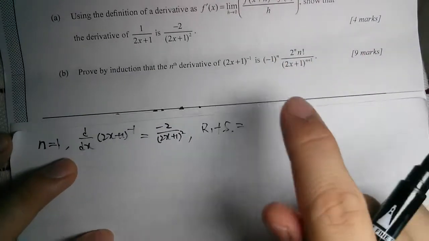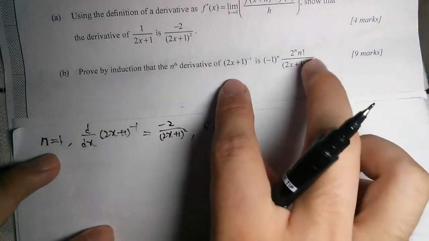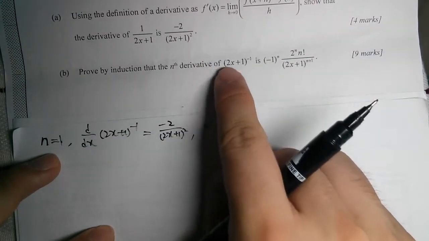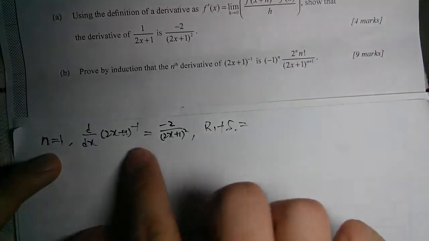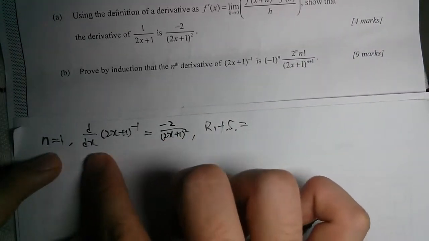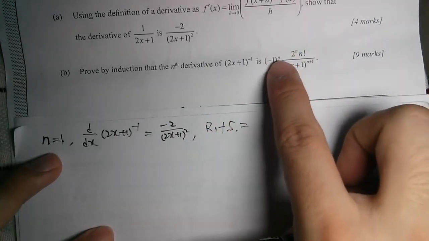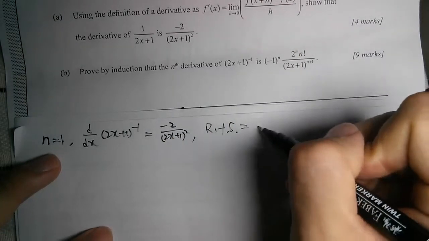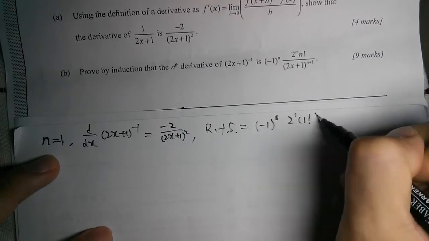Okay, so we are supposed to check when n is equal to 1, do the two results match? Do the first derivative of this match with this given formula? So what we do is, first, on the left-hand side, we try to differentiate it as we can. On the right-hand side, we check when n equal to 1, does this formula agree with our correct answer? So 1, 2, 1, 1 factorial.